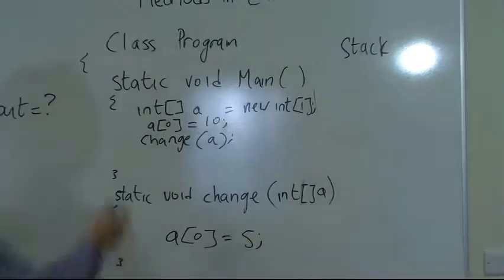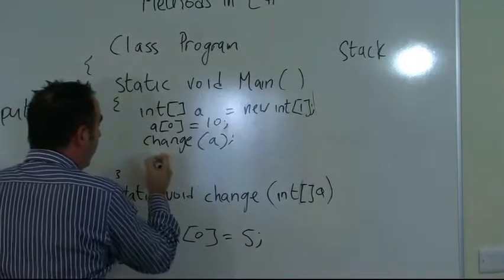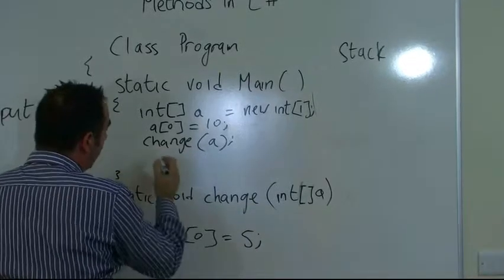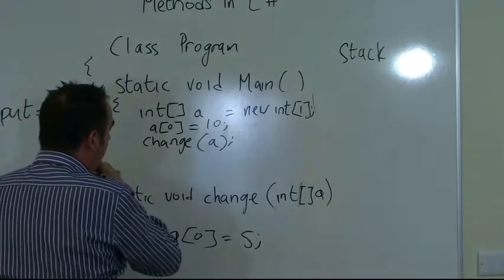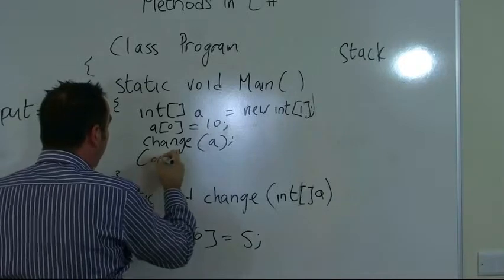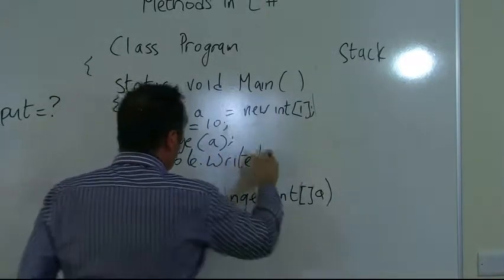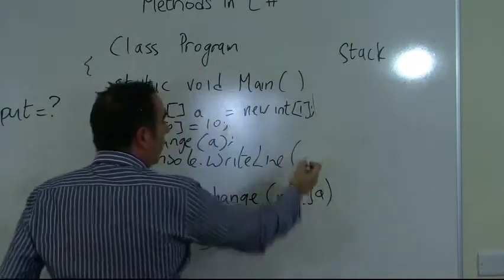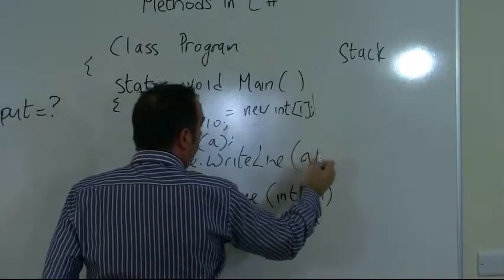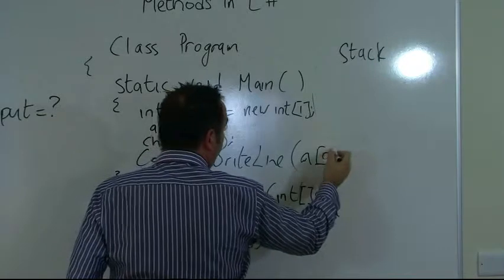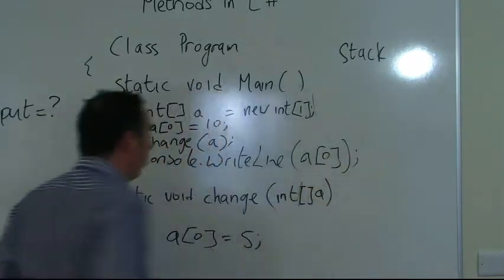And finally then, we want to output array 0, and we want to see what we get on the console. So let's just do the console dot write line, and this time we're going to output array position index 0.